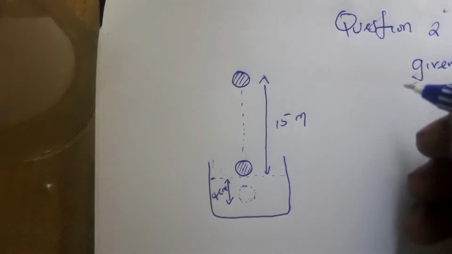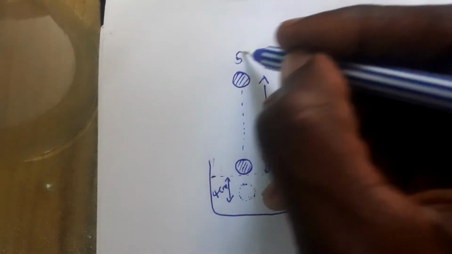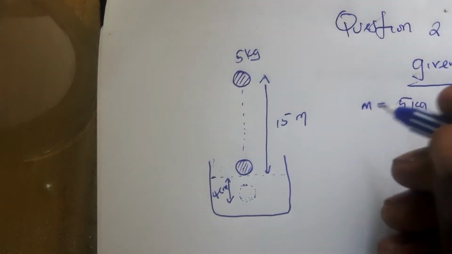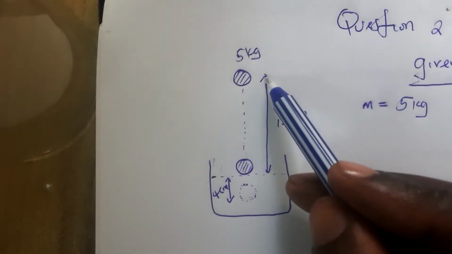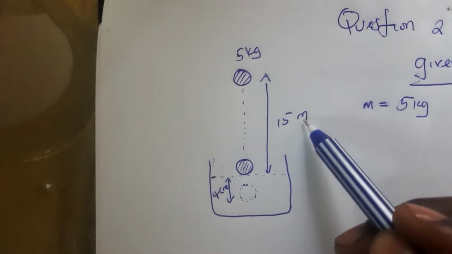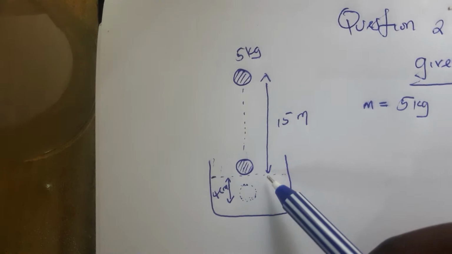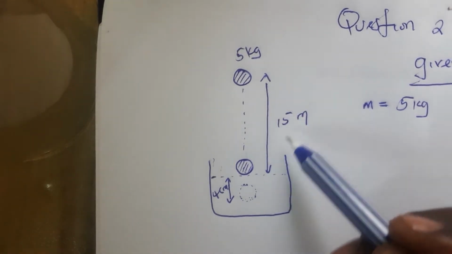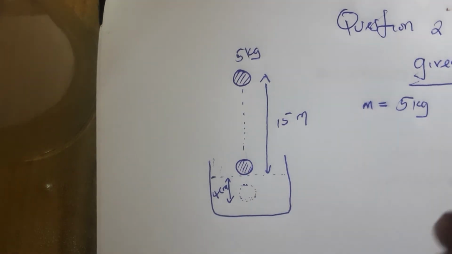We have been given the mass. They're saying it's 5 kg, so the mass is 5 kg. We've been given the height from where the ball is falling to the surface of the sand is 15 meters. So for us to get the total height to where the ball rests, we have to get this 15 meters and add the 4 centimeters which is beneath the sand.